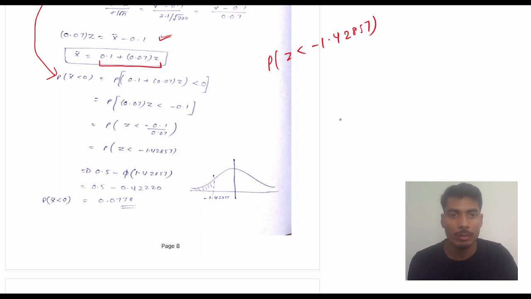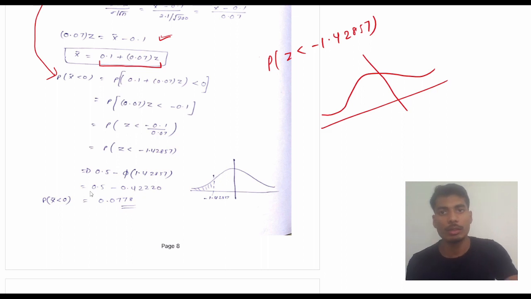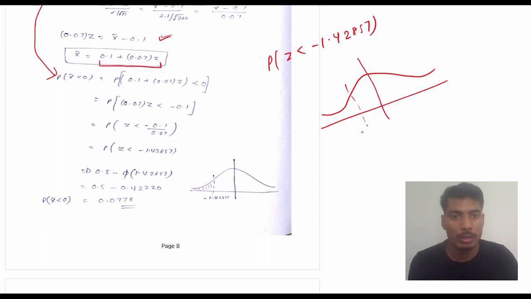Okay, now see here, the probability of z less than minus 1.42857. This is the bell-shaped curve, and somewhere this is 0, and somewhere here is minus 1.42857. Less than this means we have to find this area.